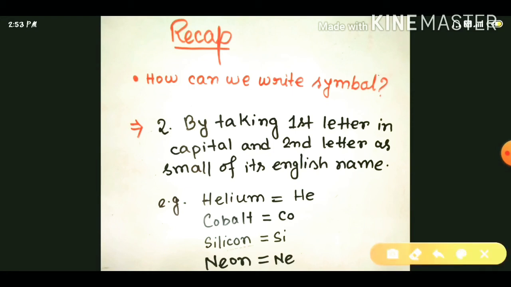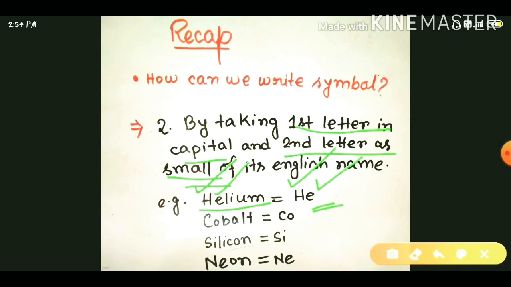It is taking not only the first letter in capital but also the second letter. When we take it, this will be in small. Please remember this. When we take the second letter, it will always be in small. So here, helium: we first take H, which is in capital, then we take E, which is small e.